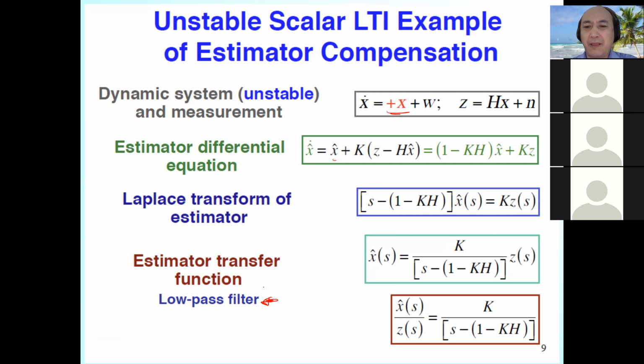So it is still possible to make this stable, because you can choose K by your choice. You can have a stable estimator dynamics. Okay, make sense? So it's possible, although your original system is not stable.